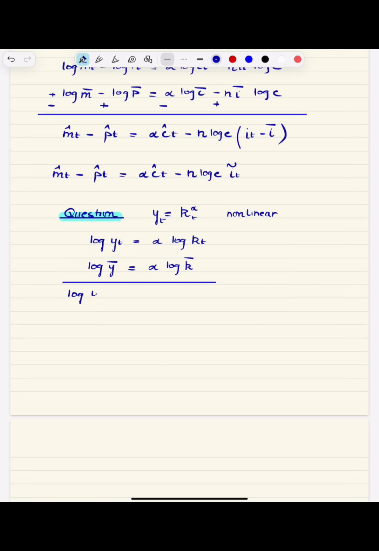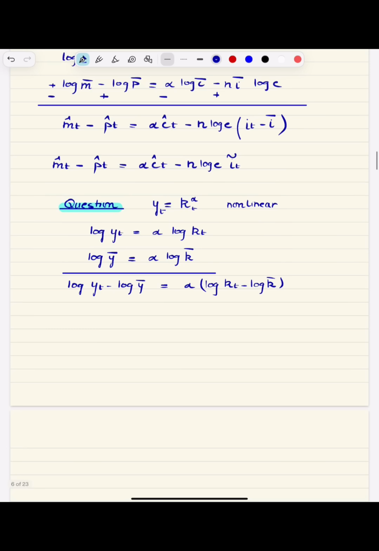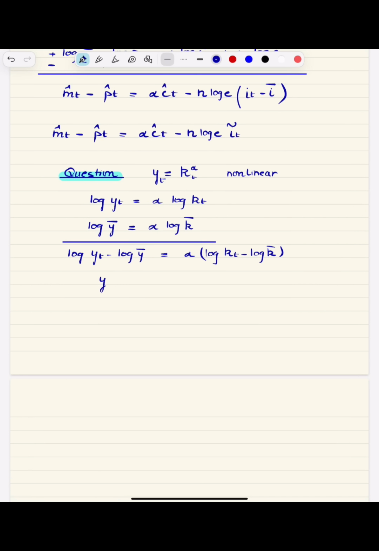We have a log yt minus a log y bar is equal to alpha times log kt minus log k bar, and therefore this is y hat t is equal to alpha k hat t. So that's the linearized version of the production function.